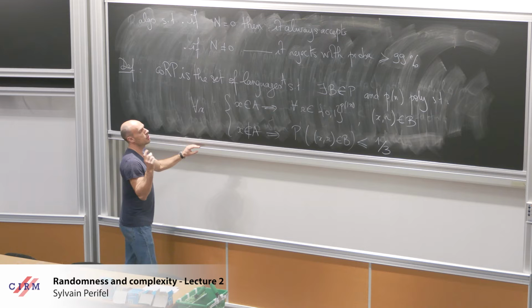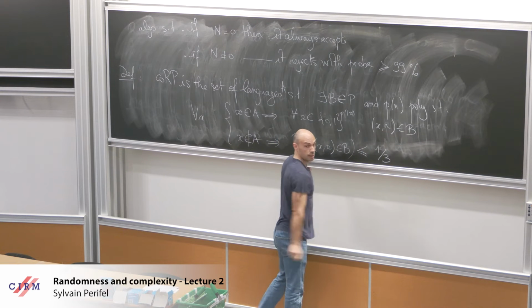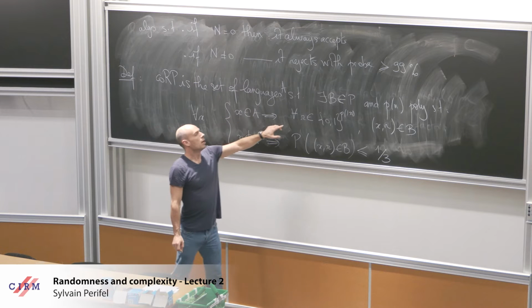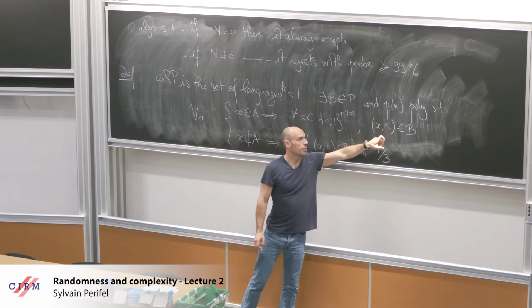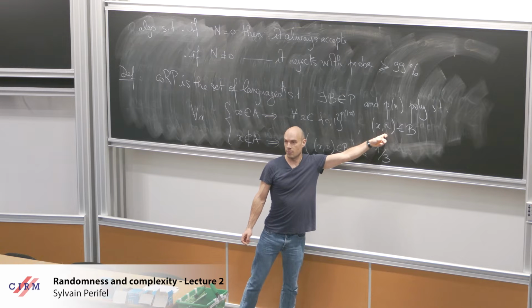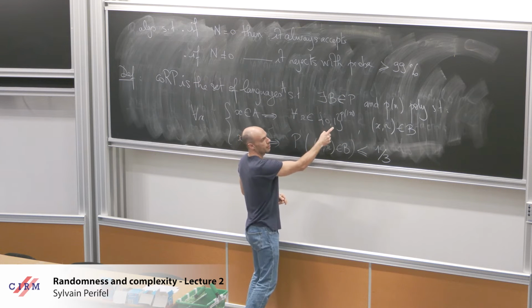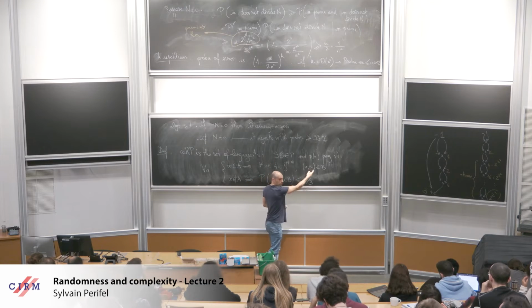It means that you have a deterministic polynomial time algorithm B such that when you are in the language, for all choices of the random bits, your algorithm will accept. There is no mistake here.